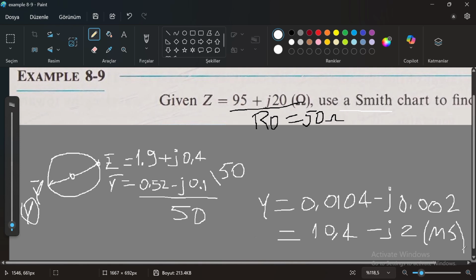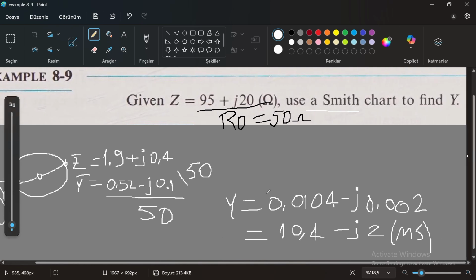Not millisecond, of course. So this is our final value, the admittance.